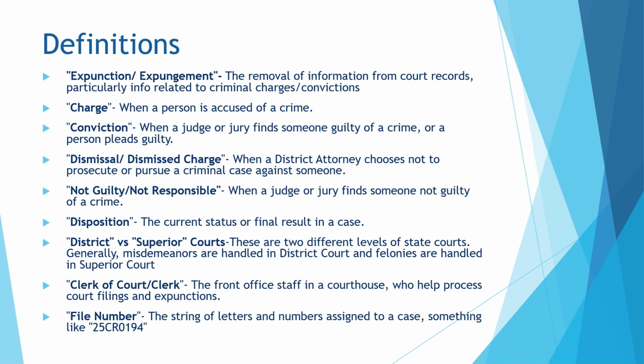So this particular case number is in 2025. And then there will be a CRS, that will tell you whether it's in district or superior court, and then there will be a string of numbers after that that just identify the case. But this file number is going to be usually on the top of every piece of paper associated with that case, and you'll need that number as you fill out a petition.